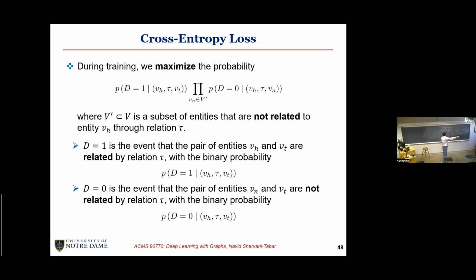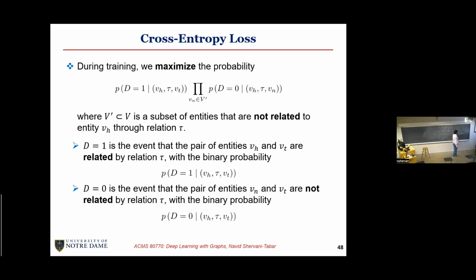So I can write my probability that I want to maximize as multiplication of all these, right? So I write it as probability of event 1 for the data in the training set and probability of event 0 for some corrupted edges that I have created.